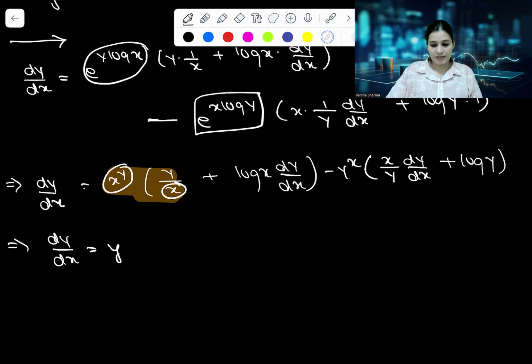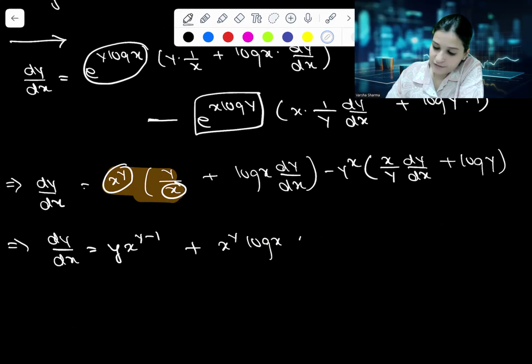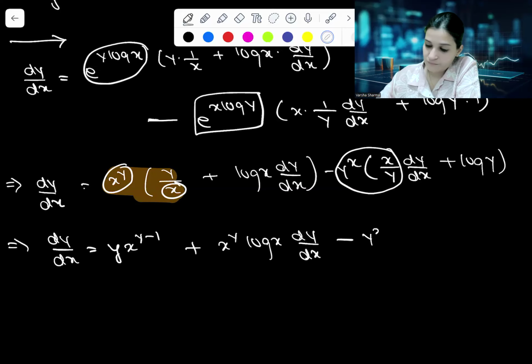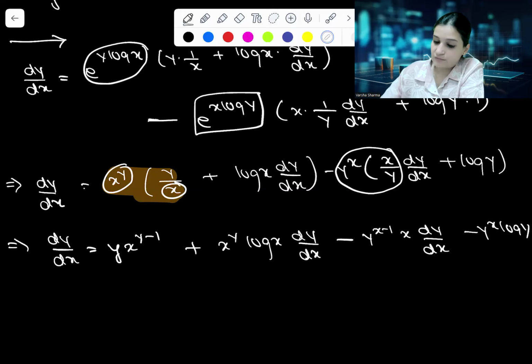Yes, ma'am. x to the power y minus 1 plus x power y log x dy by dx, minus, multiply this. What should I write? y power x minus 1 into x dy by dx minus y power x log y.